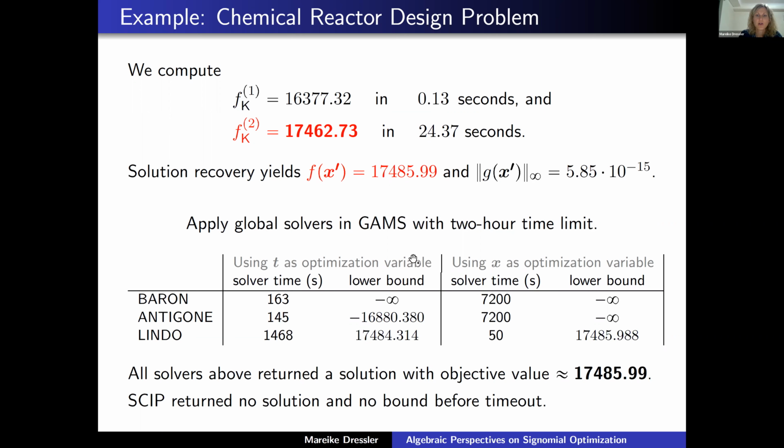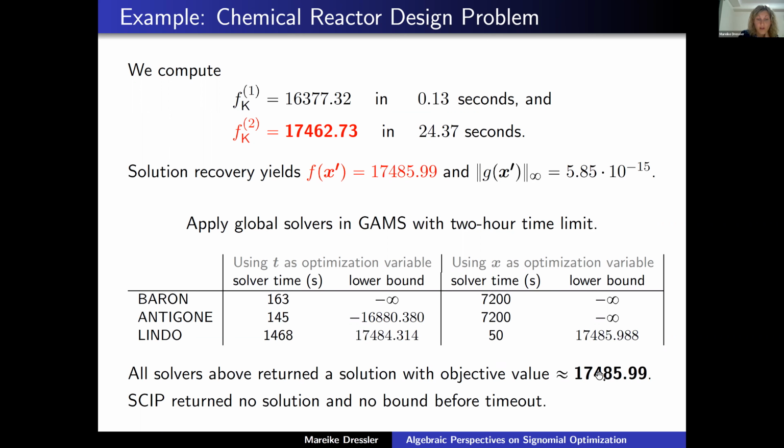So I would say the overall takeaway is that our conditional Sage approach produced the same solution as these solvers, but with a relative entropy program that could be solved in half of the time of the fastest of these methods, namely Lindo here.